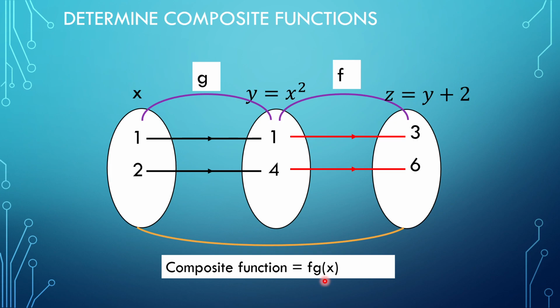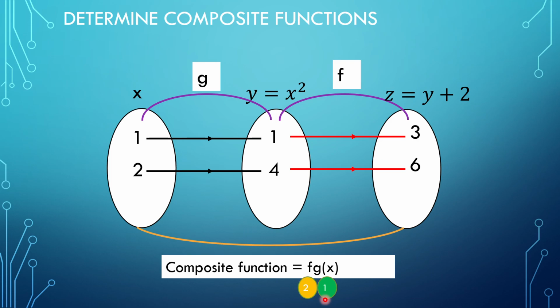Now see the way to write the composite function. We are doing the g function first followed by f, but then the function is written as fg(x). That means g(x) we are doing first, so it is written at the inner side.